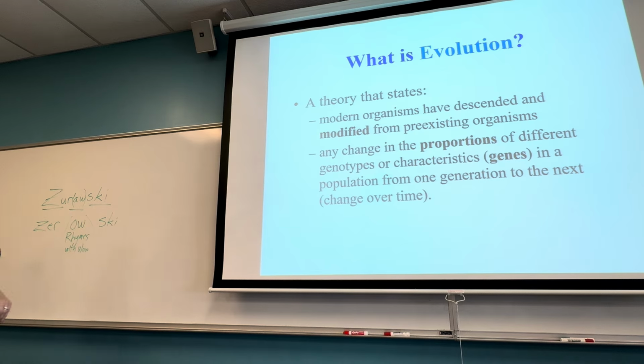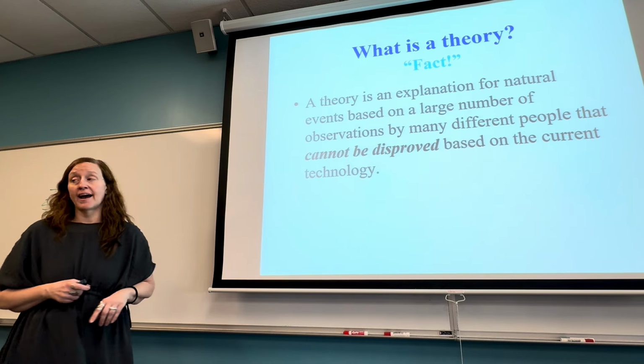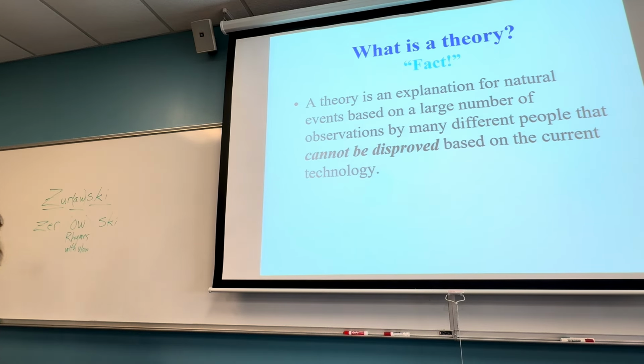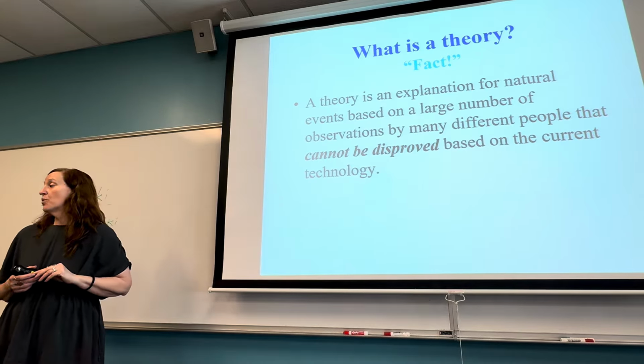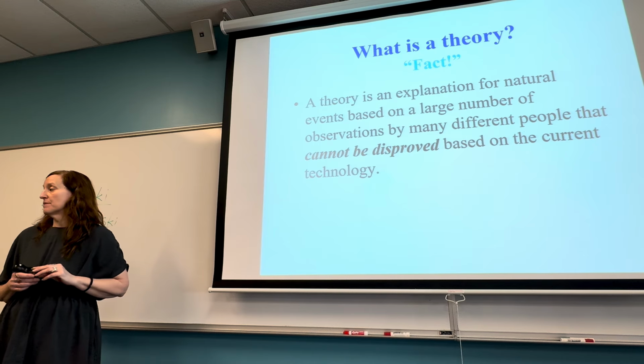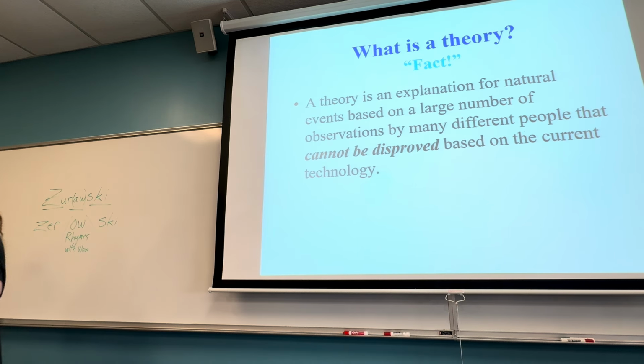And so what we are looking at is the theory portion of evolution. The data and information that supports living things change over time. Living things have a common ancestor.